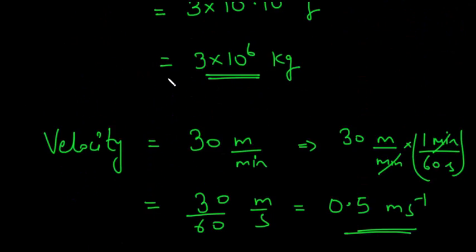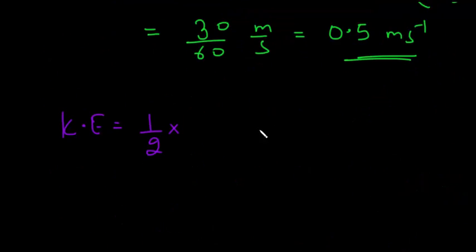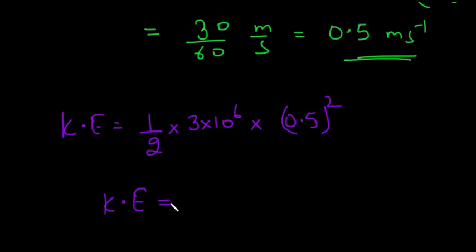So kinetic energy is half, mass is 3 into 10 to the power 6, and velocity is 0.5 square. So kinetic energy comes out as 0.375 into 10 to the power 6 joules.